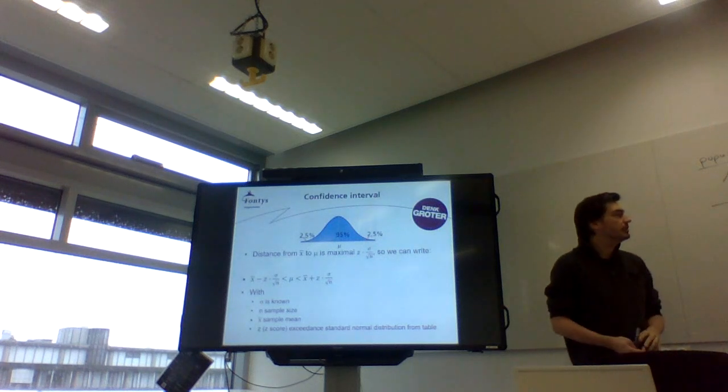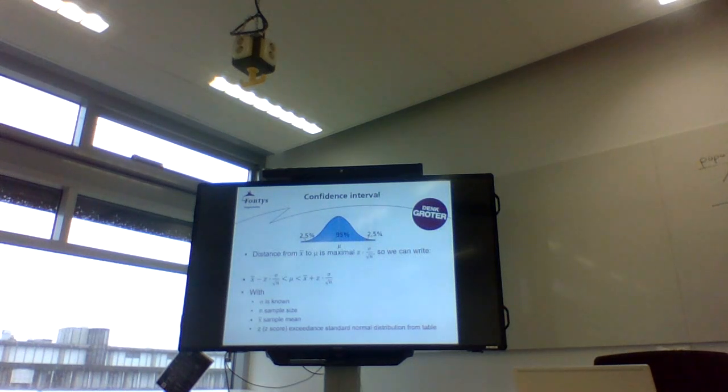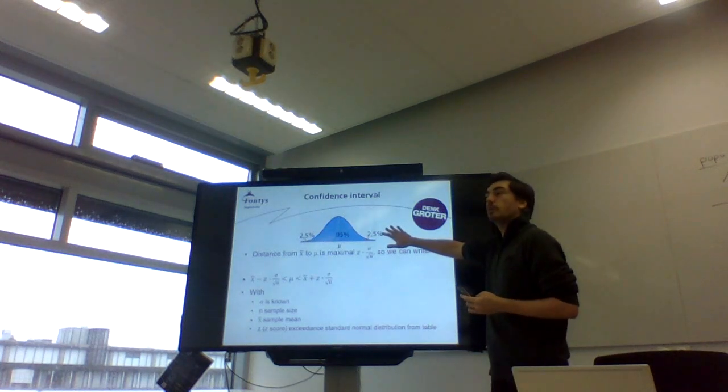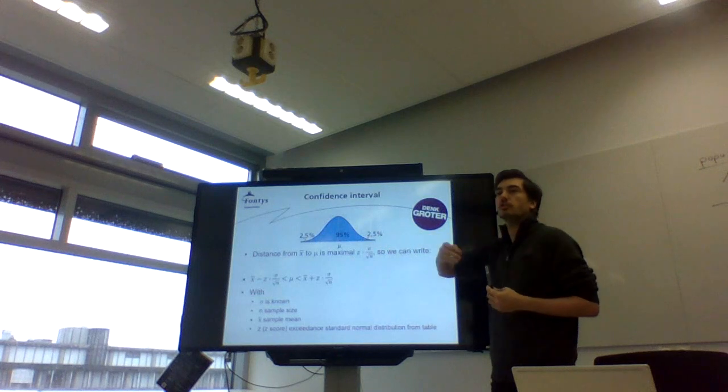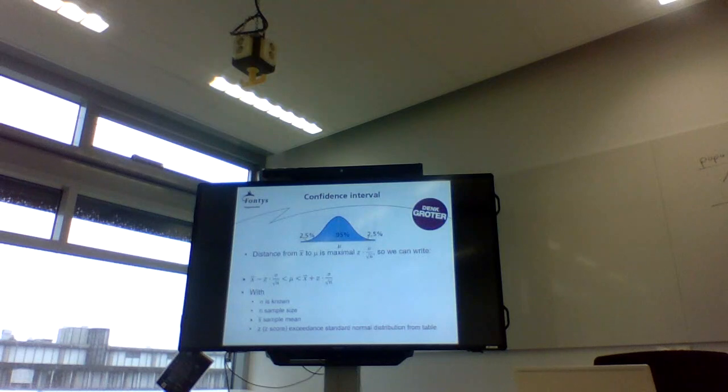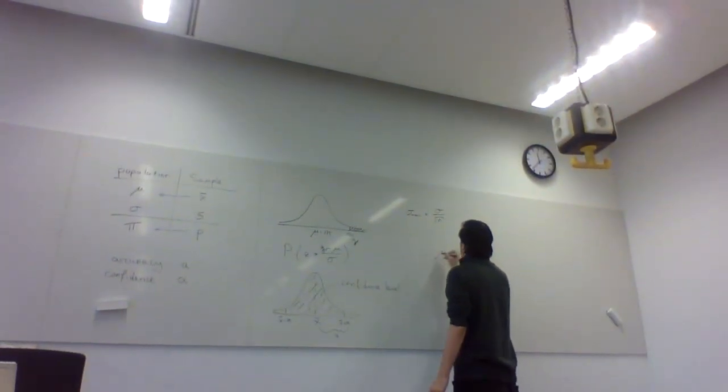We need to know how many people we've asked. It's important for this factor. And then we need to know how confident we want to be. This will determine the z factor that is given here. Because again, we want to calculate this value now, which is the complete opposite of what we did last year. Now, the mu will then be between my right bound and my left bound.